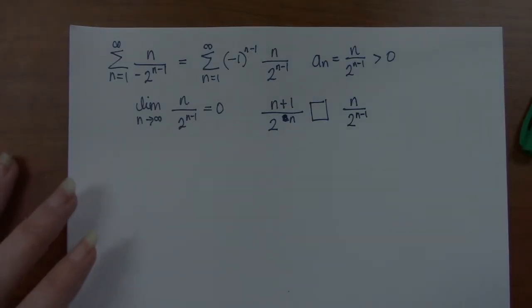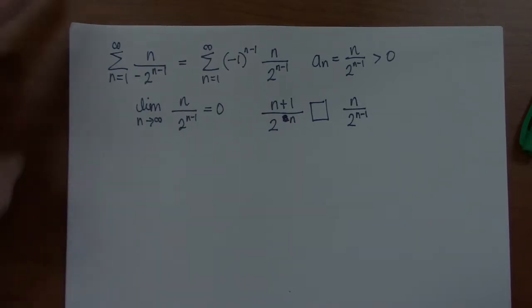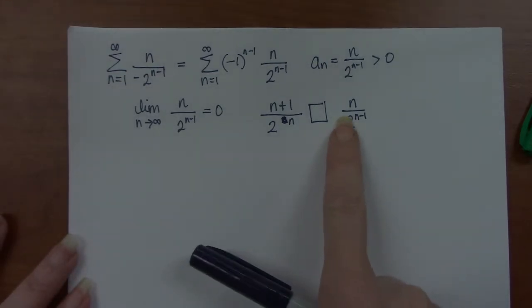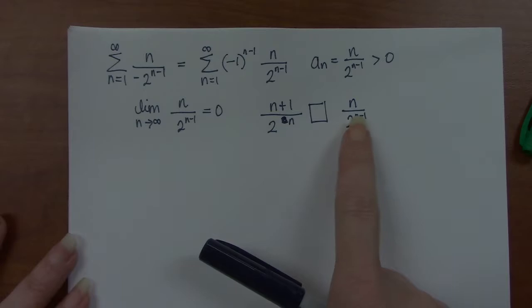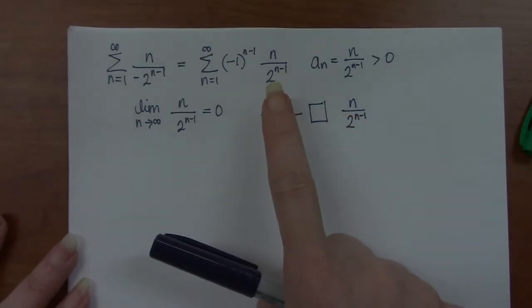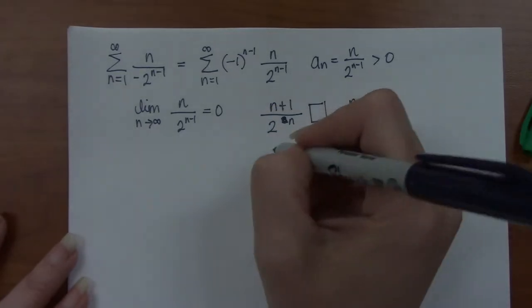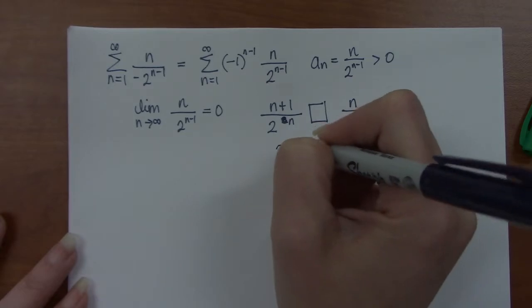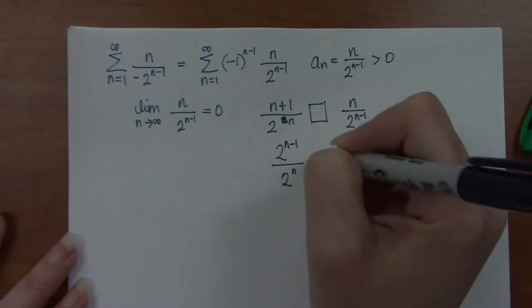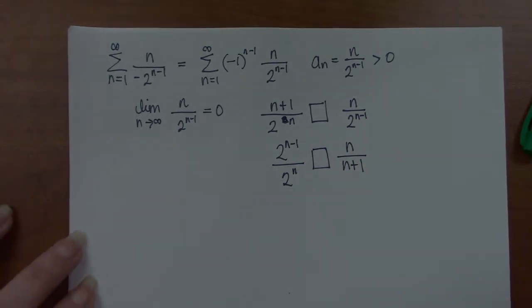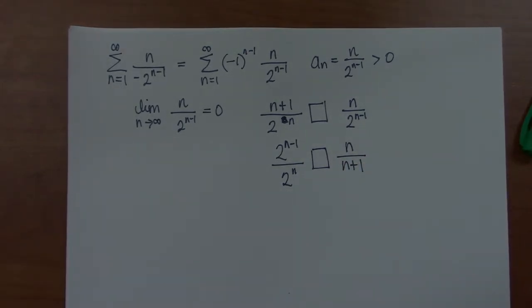All right, so what I want to do here is group the exponentials together and then group the things that aren't exponential together. So I'm allowed to cross multiply. What I'm really going to do is multiply both sides by this, which will put it in the numerator, and then divide both sides by n plus 1, which will bring this over to the denominator. So now I can say 2 to the n minus 1 over 2 to the n, we're going to compare that to n over n plus 1.